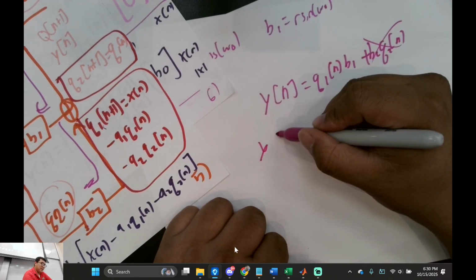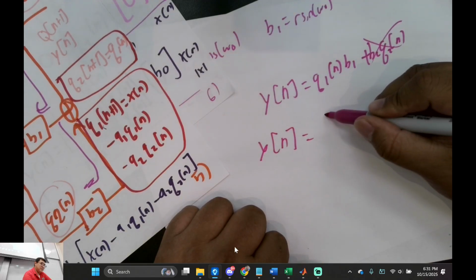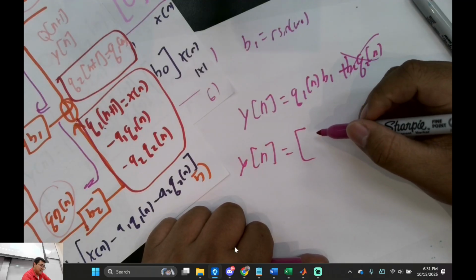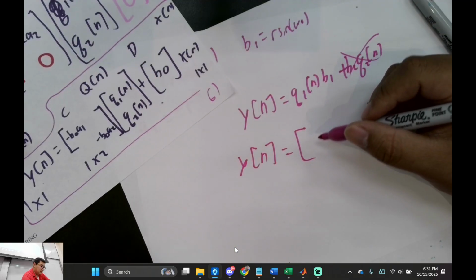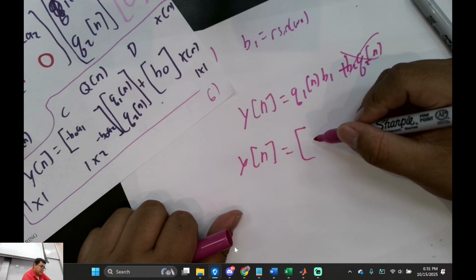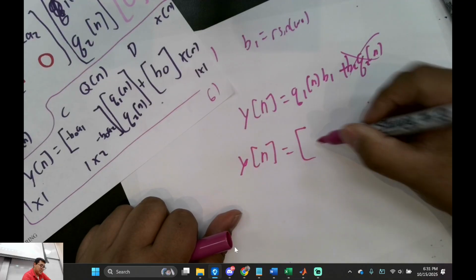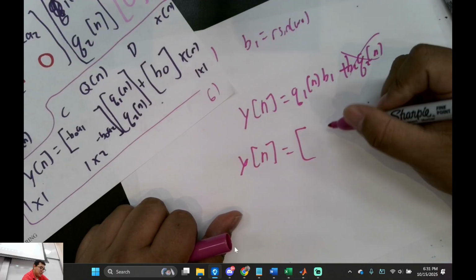So what's truly my y of n, my vector? If I were to do the following, let me just do this. We have an extra q term, right? So that means it's going to be bump.